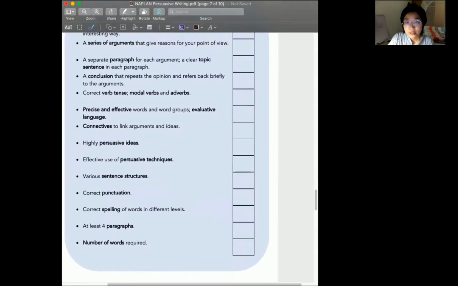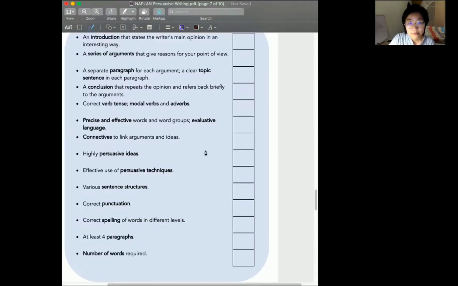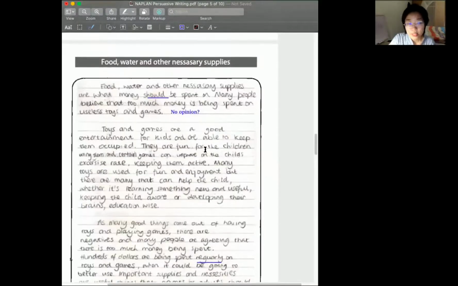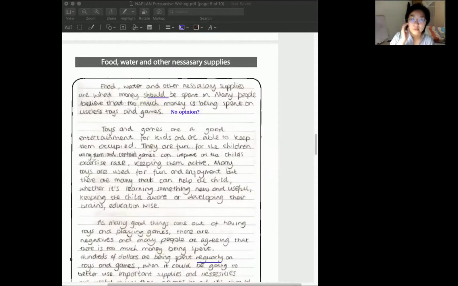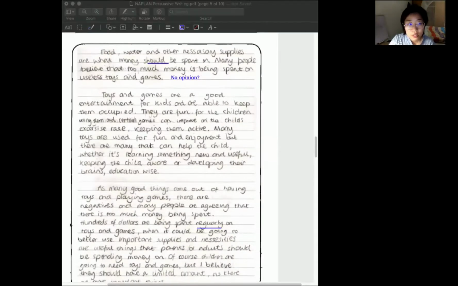Do we have precise and effective words? You can pause there and try to find some yourself and check with me later. For precise words, what I find are, for example, environment. That's the one we talked about before. I'm not going to highlight it. You can find it as I talk, or you can just listen. Occupied, active, we also mentioned that. Negatives, right, negatives.